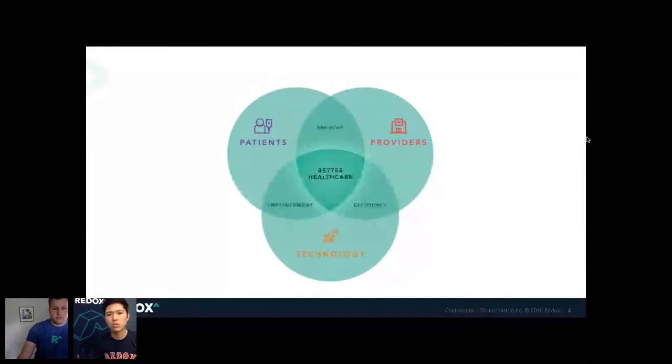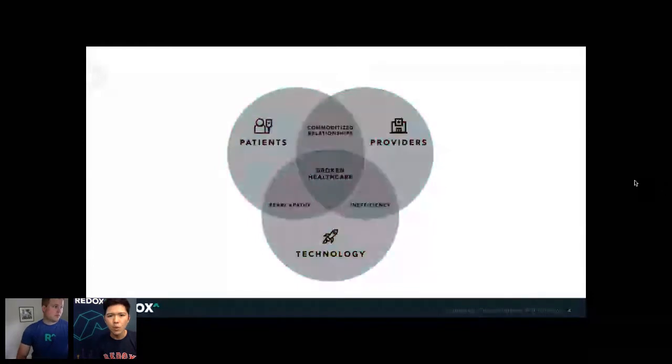But too often, the status quo, go to the next slide there, Nick, is the opposite of that. Instead of technology providing efficiency, we're seeing it provide inefficiency to healthcare providers. You can't really meet a healthcare provider who raves about their EHR, right? You often hear them complain about the inefficiencies it's caused.